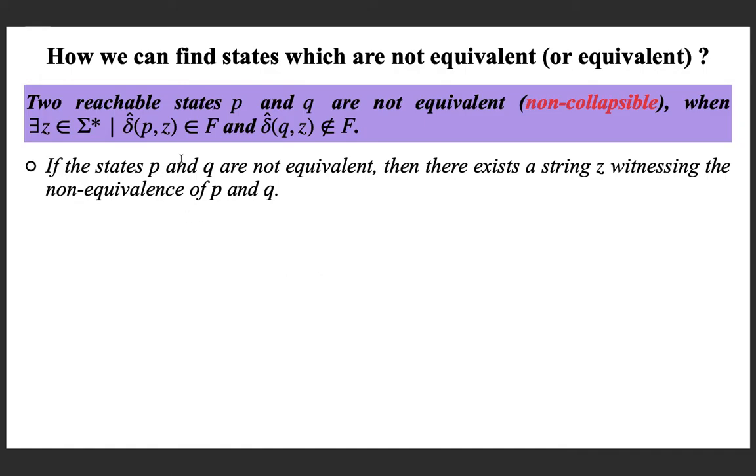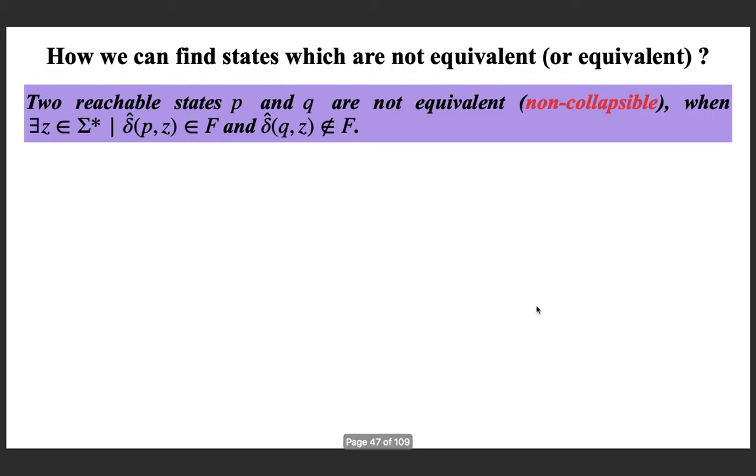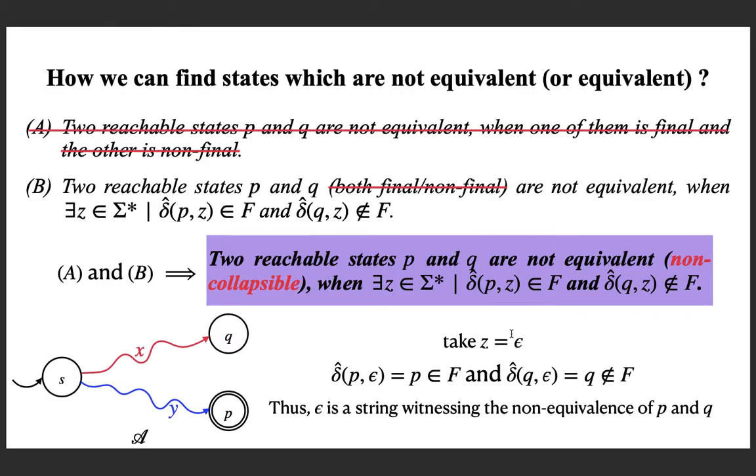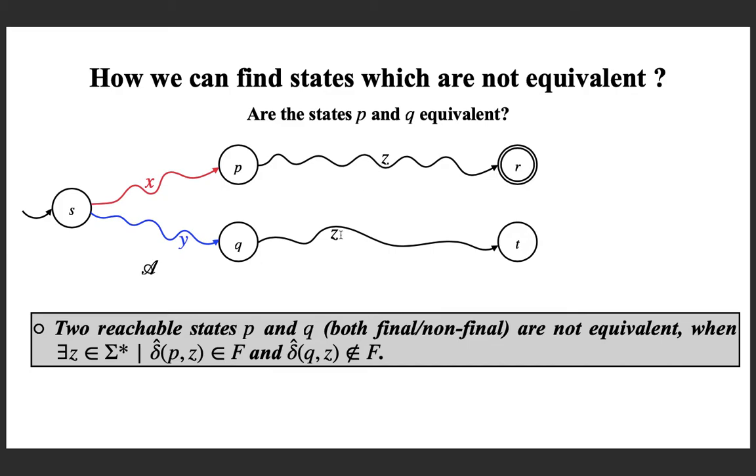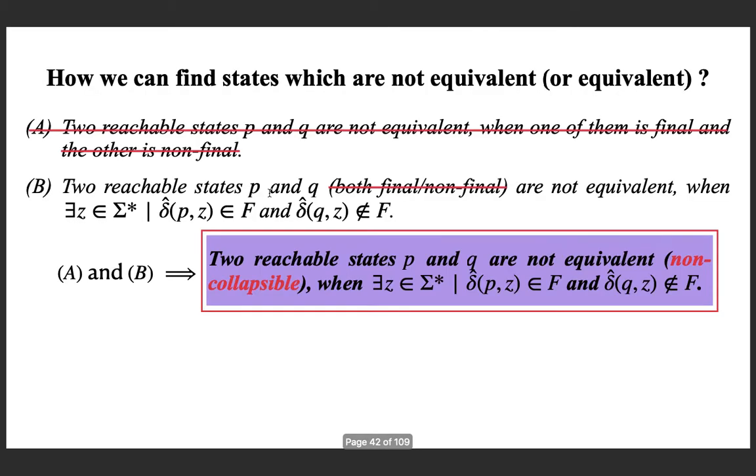If the states P and Q are not equivalent, then we need to find a string Z witnessing the non-equivalence of P and Q. Just like this, in this case, epsilon is the string witnessing the non-equivalence. And in this case, Z is the string witnessing the non-equivalence.